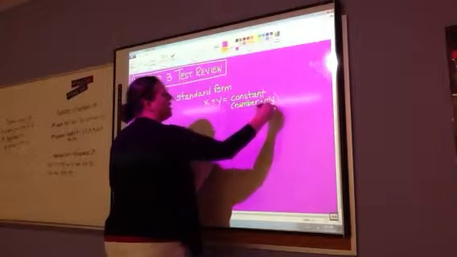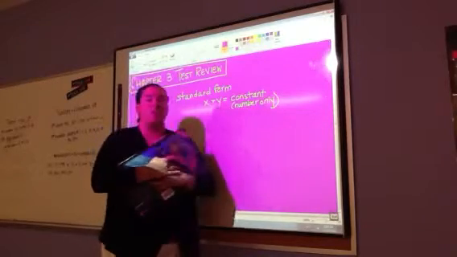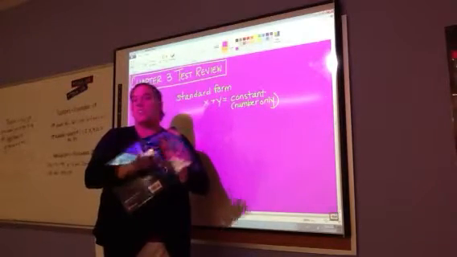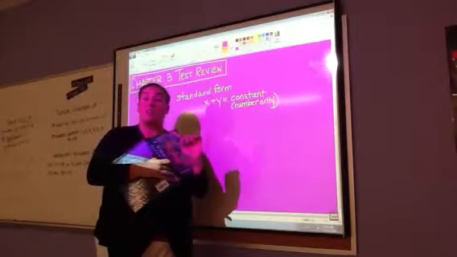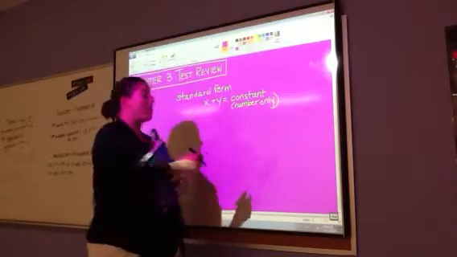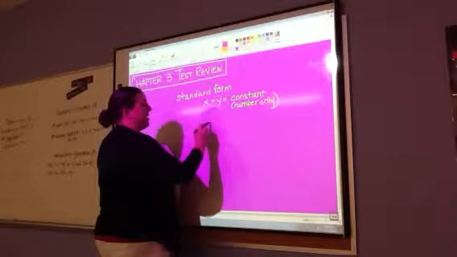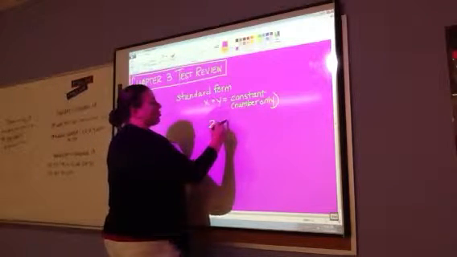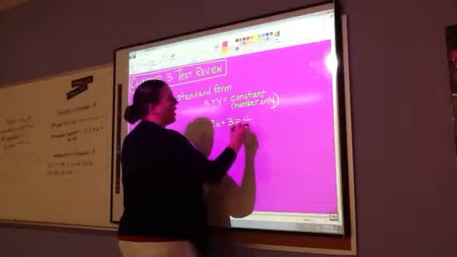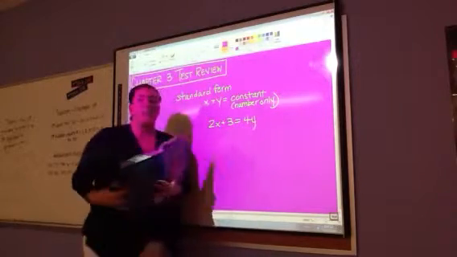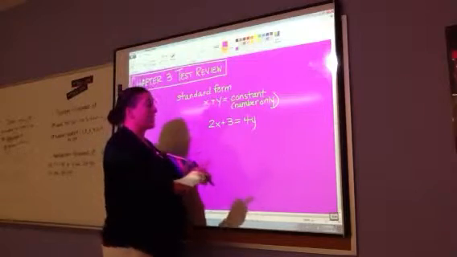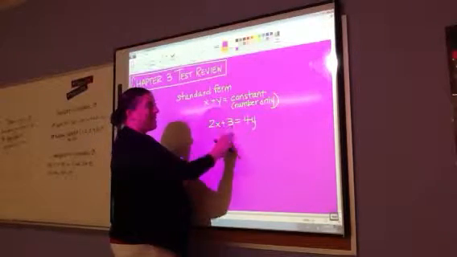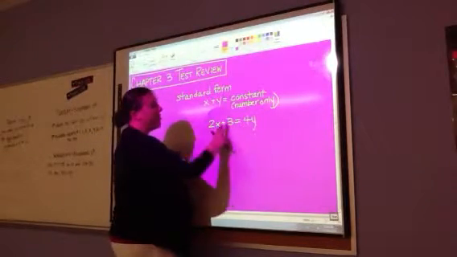If you are given any other form of a line or everything is in a different pattern, you always want to solve for the number. The whole point is to get the variables on one side and to get the number on the other. So if your equation said 2x plus 3 equals 4y, this would be a linear equation. However, it is not in standard form. So to turn it into standard form, we have to get this guy on one side and the 4y on the other.